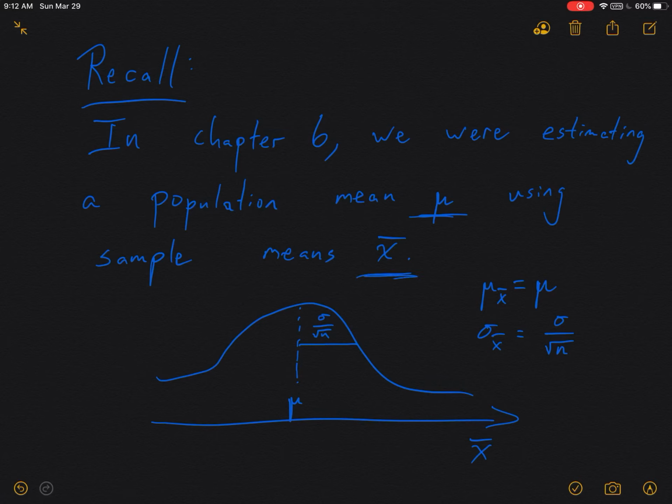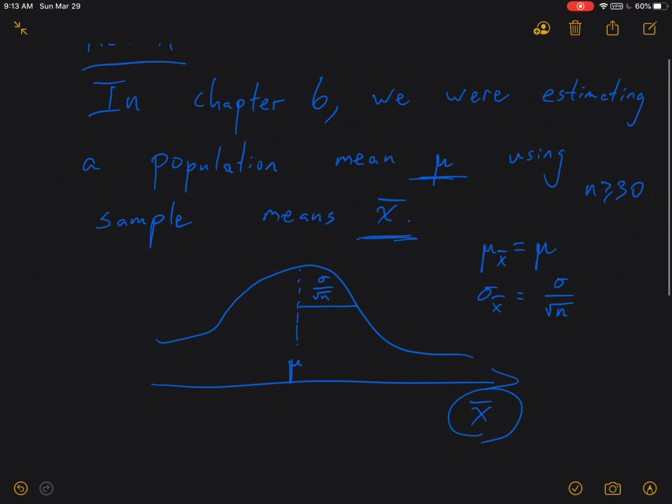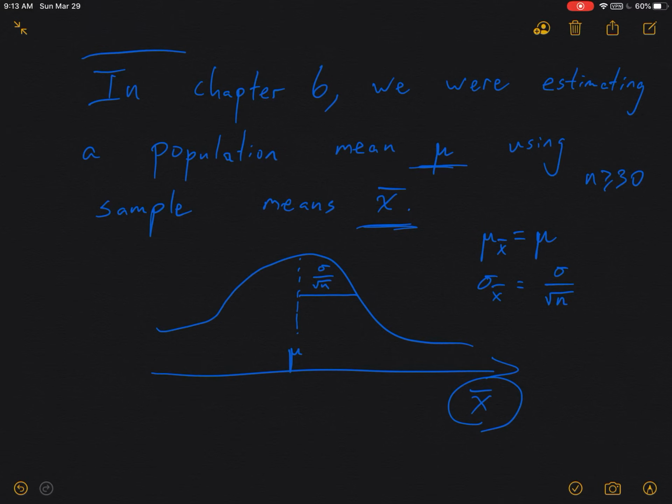And remember, what we saw in Chapter 6 was that as long as your sample size, n, is bigger than or equal to 30, then if you send a bunch of teams out to compute these x bar values, so they go out, they survey 30 people, they compute their sample means, these sample means will be normally distributed, so they'll have this bell curve distribution.